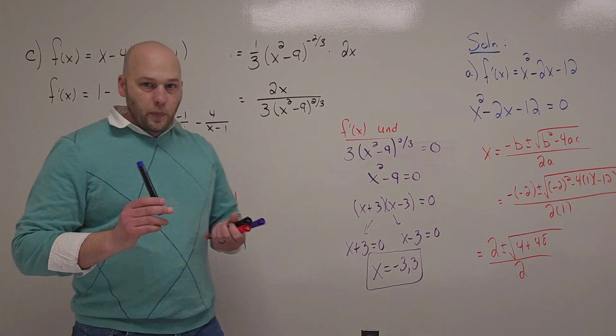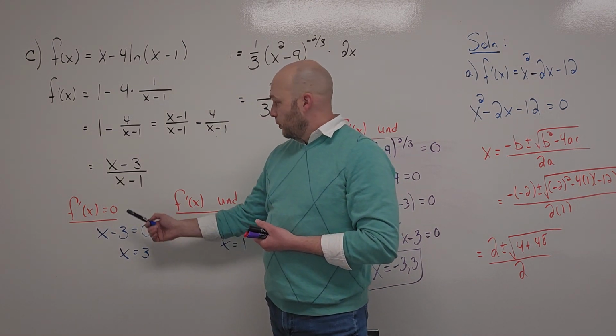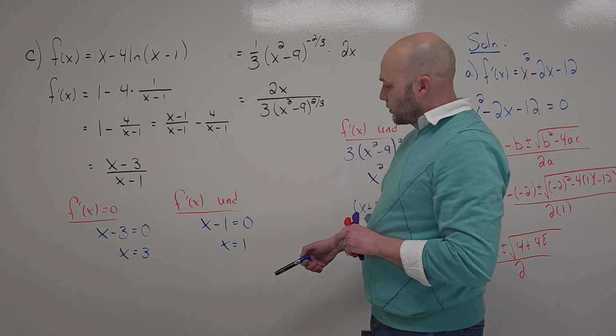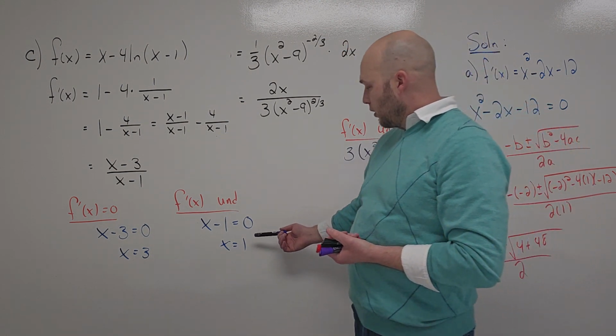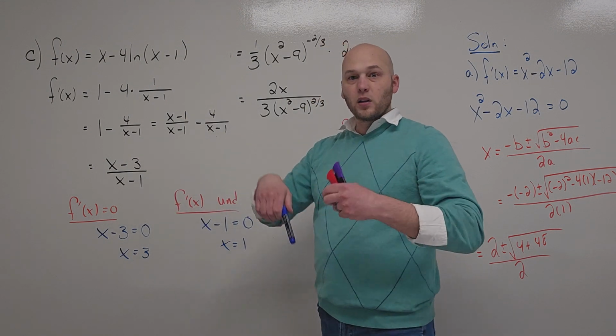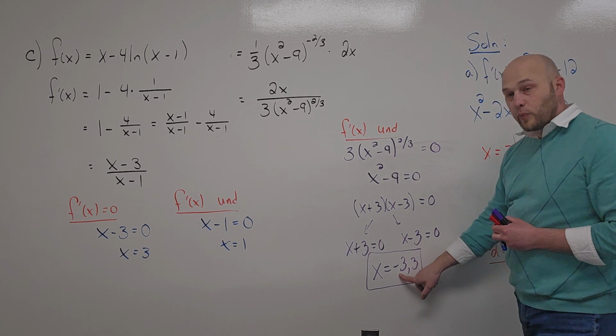So, a couple of comments. 3 is definitely a critical point because when I plug that in, the derivative is equal to 0. And on the surface of it, it looks like 1 would be a critical point because when I plug 1 into this, it's undefined, just like it was in the previous example, where we stated these as critical points.